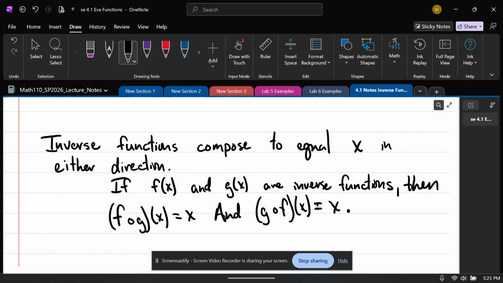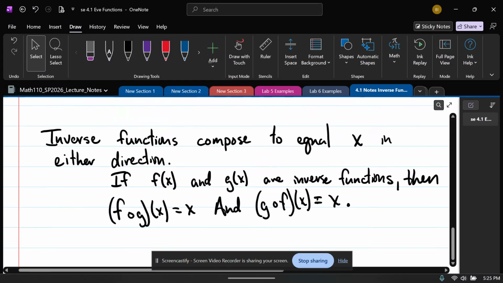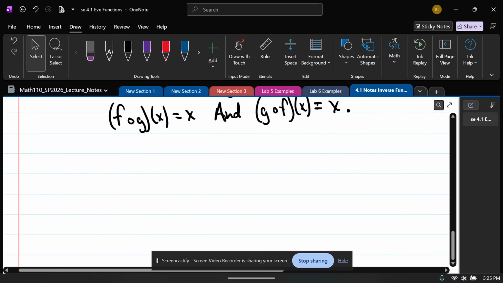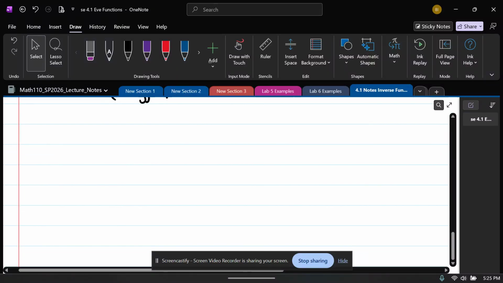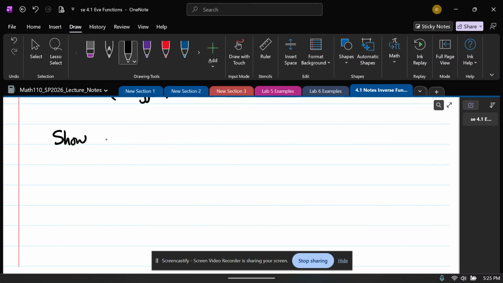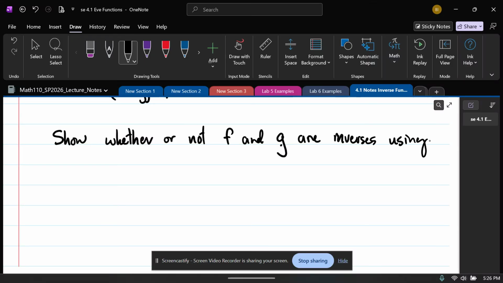Okay. All right. So let's use that idea to test if two functions are inverses of one another. Show whether or not f and g are inverses using function composition.